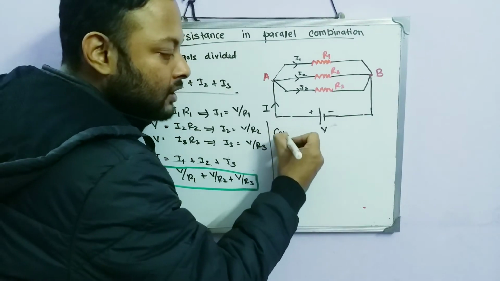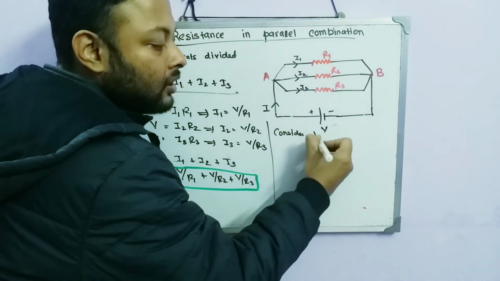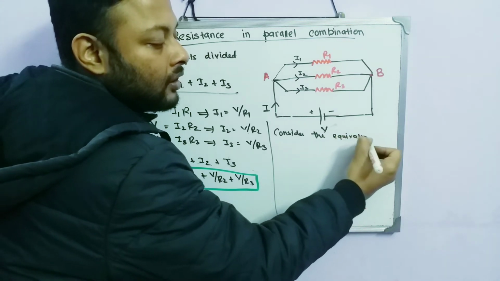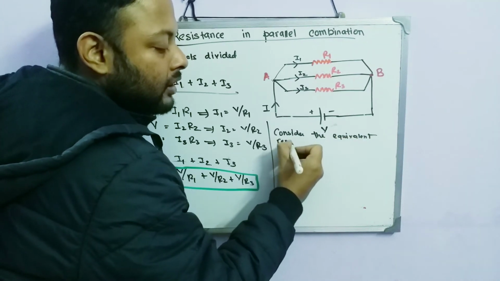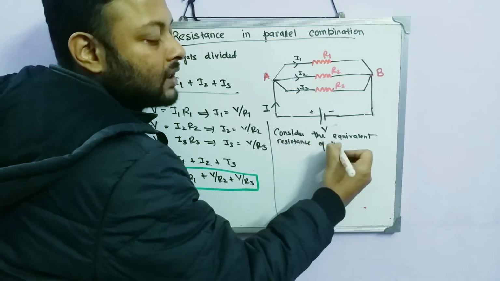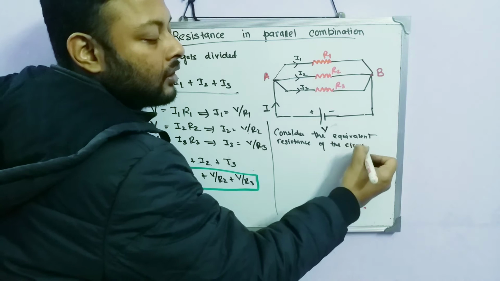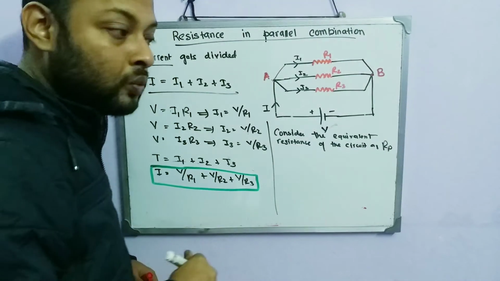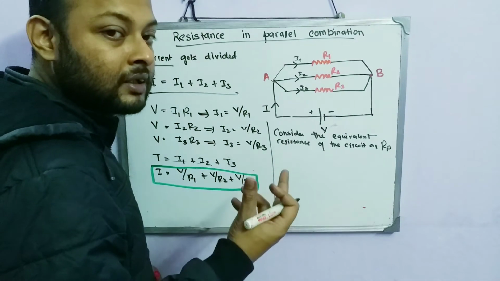So consider the equivalent resistance of the circuit as Rp. Like in the series also we have assumed the entire resistance is Rs.